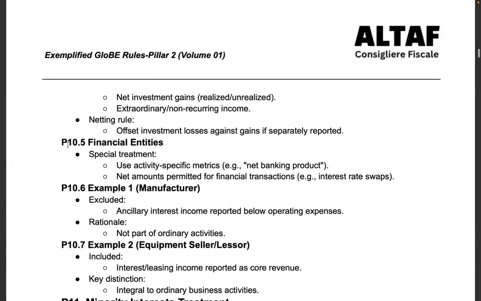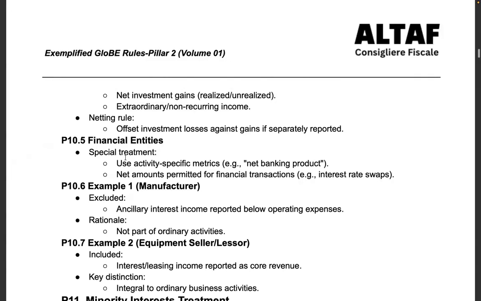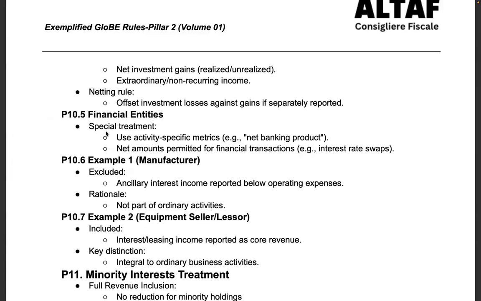Now we will talk about paragraph 10.5, which is for financial entities. There is a special treatment for financial services entities. Use activity specific metrics, net banking product. So if it is deposits, then we have to look at the revenue that was earned through deposits, placements into treasury opportunities, and the amount of profits that were actually paid to the deposit holders.